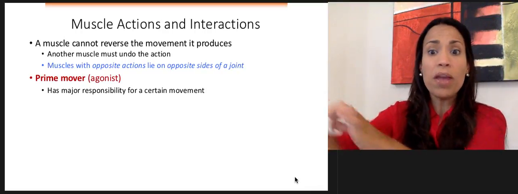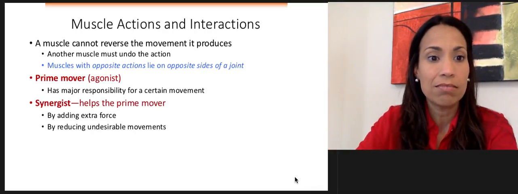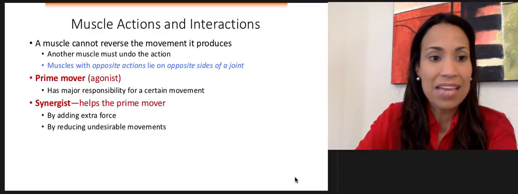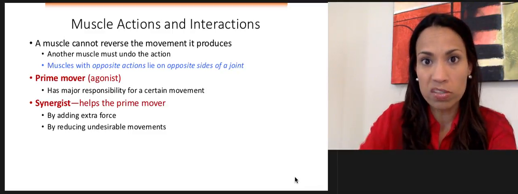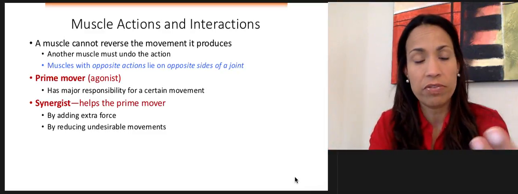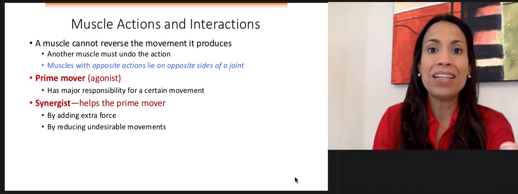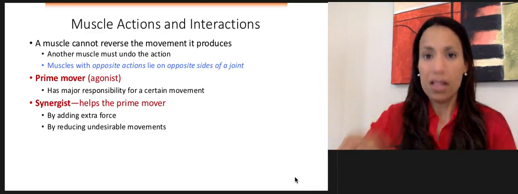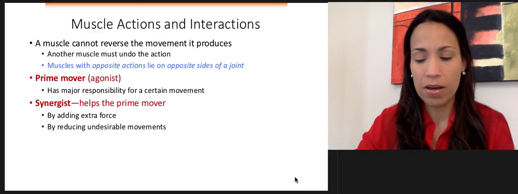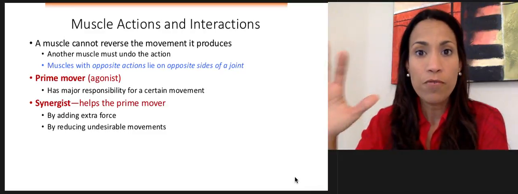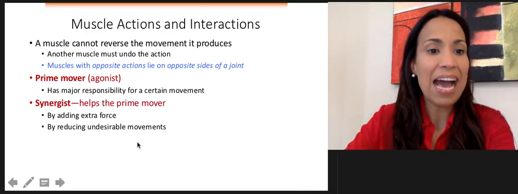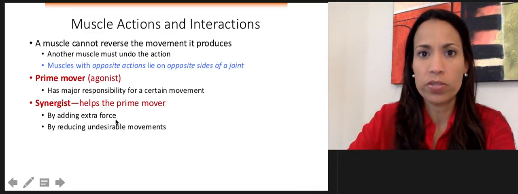But to this prime mover, we can add helpers, and the helpers are called synergists. It can be one muscle or several muscles that help the prime mover produce the movement. For example, it can act by adding extra force.